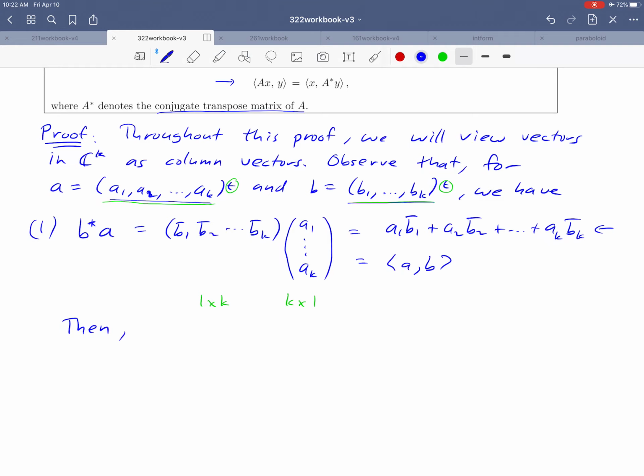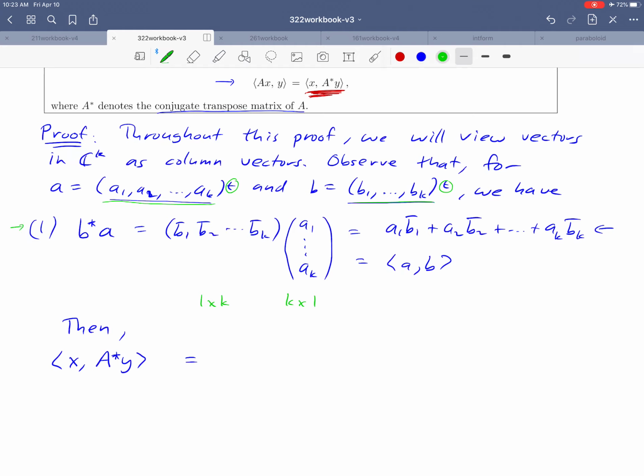We are going to start with the inner product of x with A star y, and I'm going to point out that that's the right-hand side back up here at the top of the page of what we're trying to prove. We're going to try to show that that's equal to the left-hand side. Our first observation is going to be to use equation 1 that we have here.